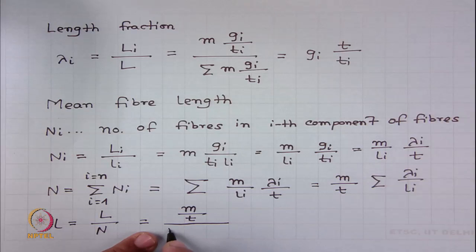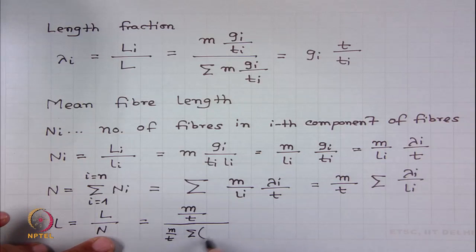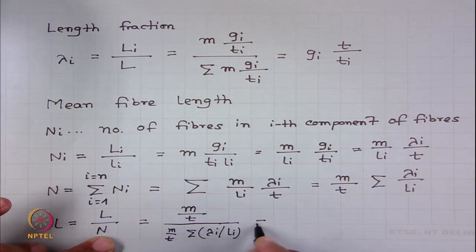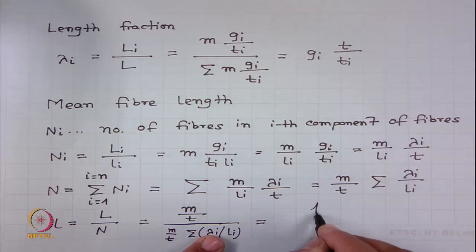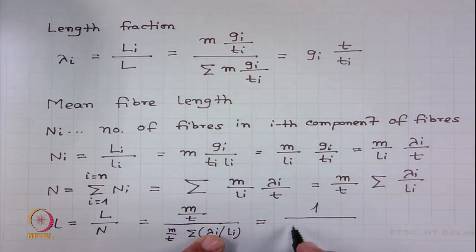So, m by T, summation of lambda I by Li. So, this m by T cancels out. What we have is 1 divided by summation of lambda I by Li.